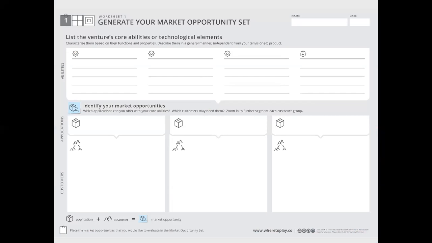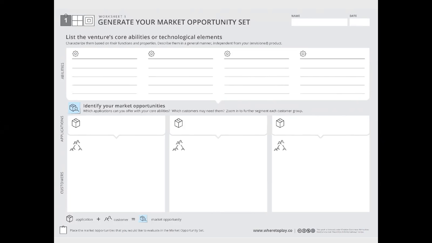The upper part of the worksheet begins with listing your core abilities or technological elements. It's a process that we call de-linking. De-link your abilities from any specific product or offering that you have or that you have envisioned.